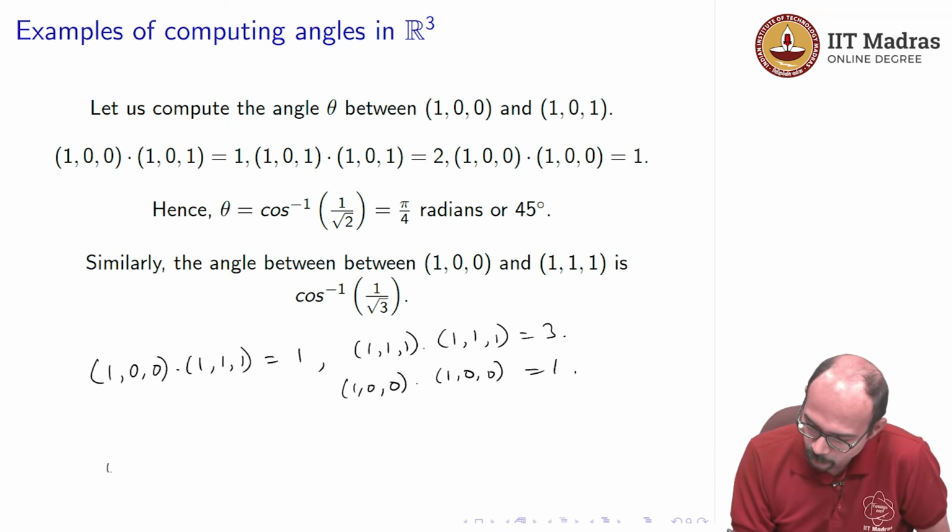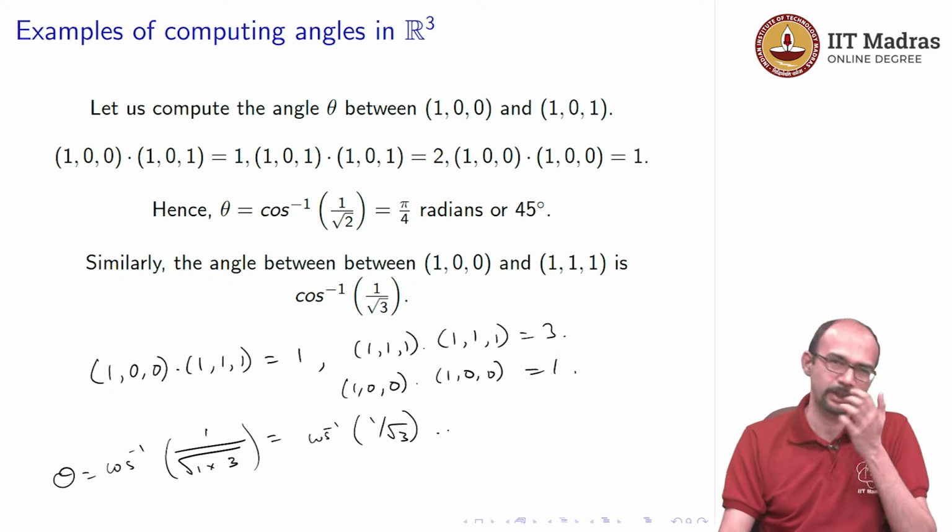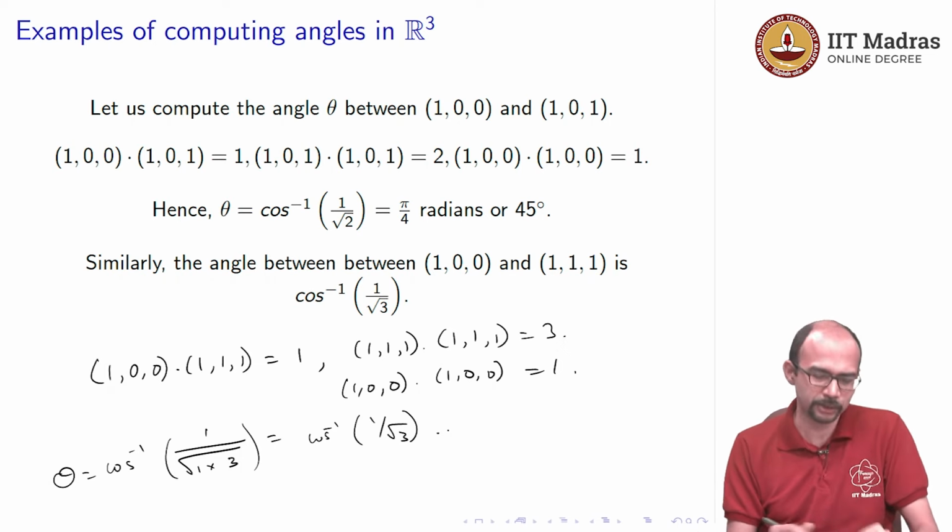So, we get theta, which is the angle between the two, is cosine inverse of 1 by square root of 1 times 3, which is cosine inverse of 1 by root 3, and you can look up a table to get what the exact value is. It is something like 54 degrees odd, if I remember right.